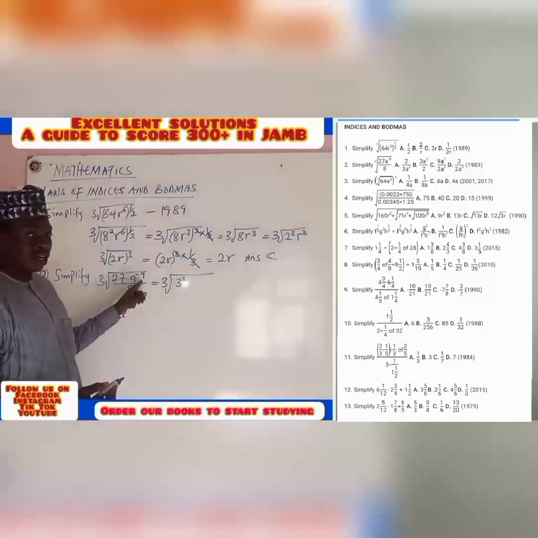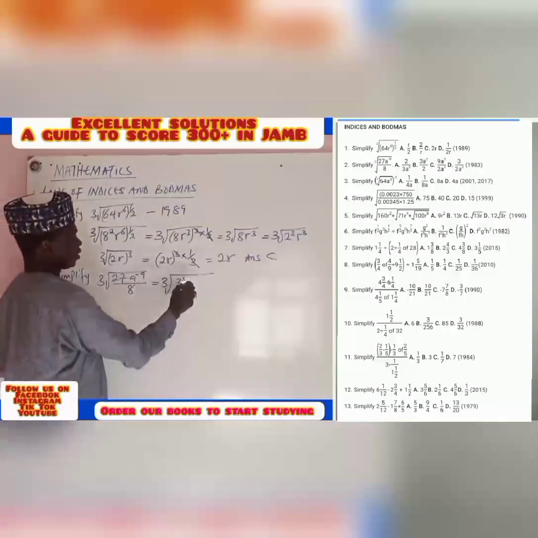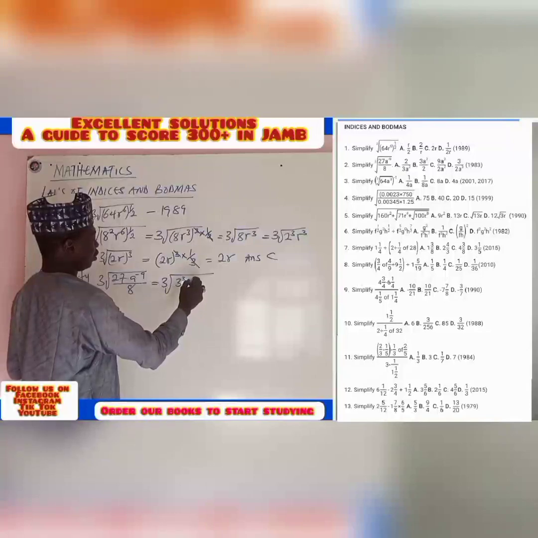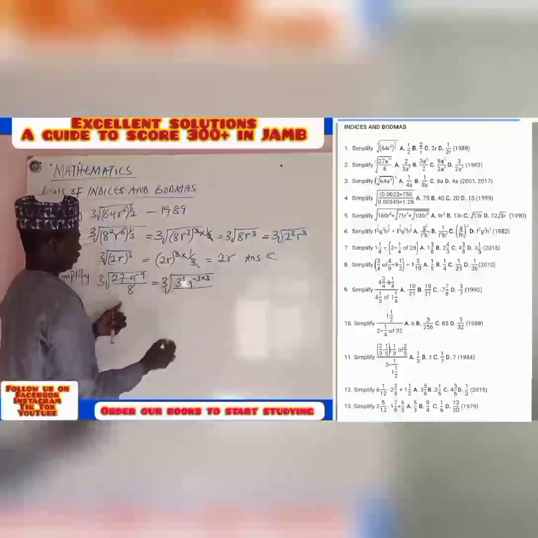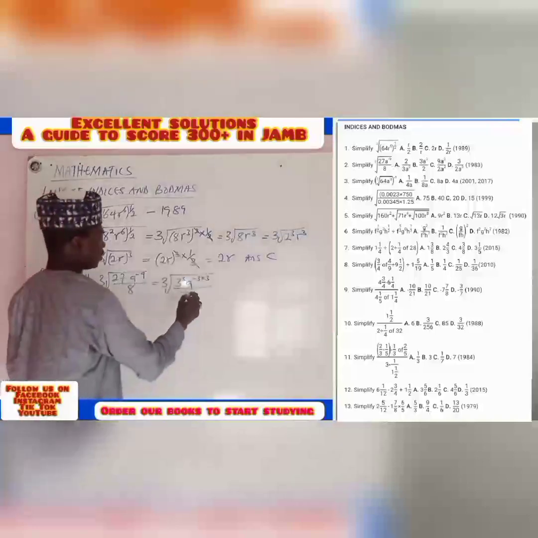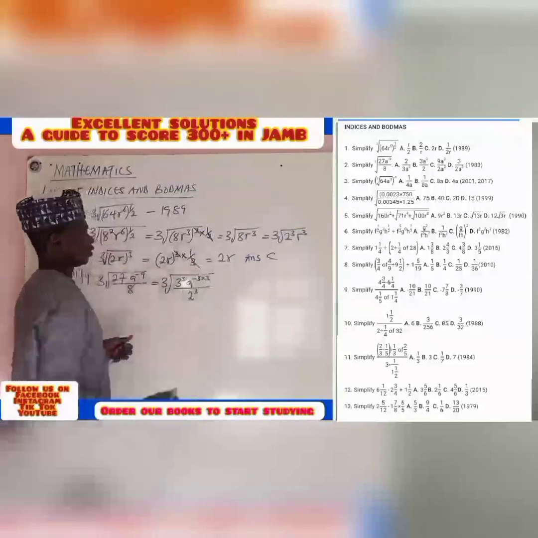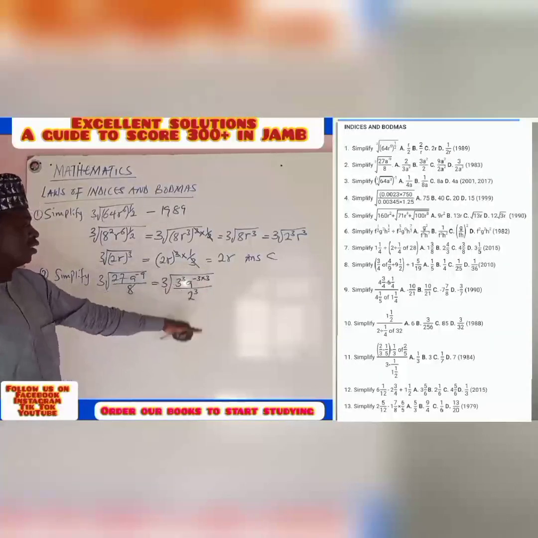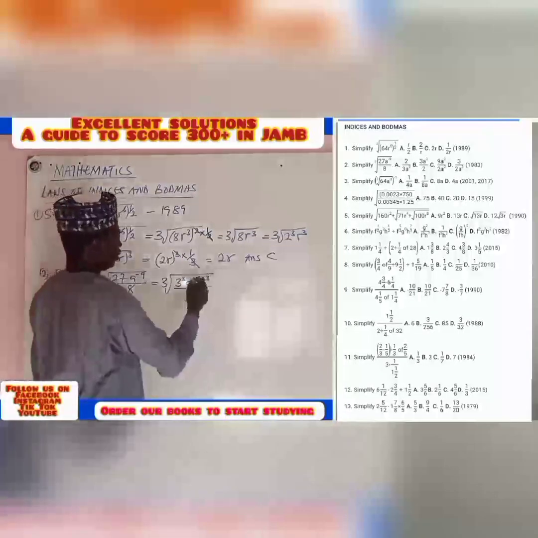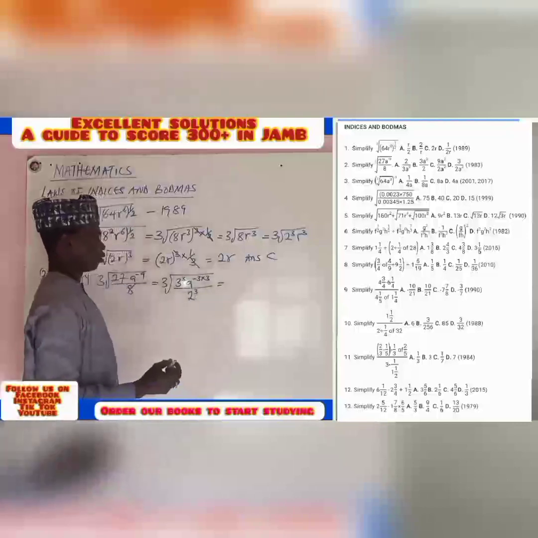This a raised to the power of minus 9 is the same as a raised to the power of minus 3 times 3, and this 8 is the same as 2 raised to the power of 3. So we have a common factor of 3 both in the numerator and the denominator.